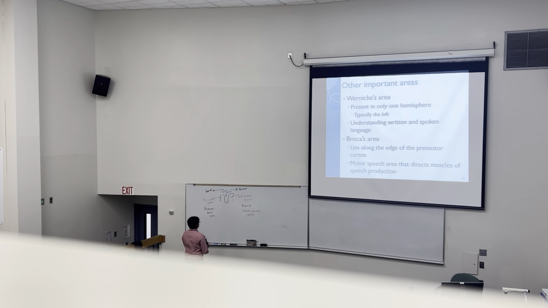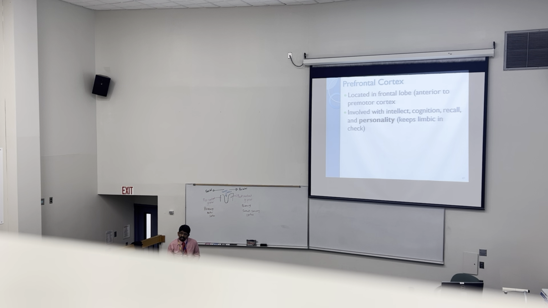So here is the primary motor cortex, then about two and a half gyri is the premotor cortex, and in front of that, at the base, is Broca's area. We don't need exactly the location, but any injury to it, they may have difficulty speaking.